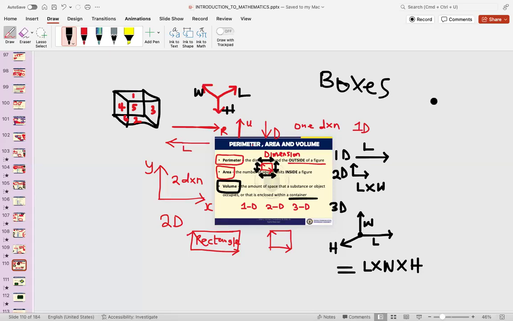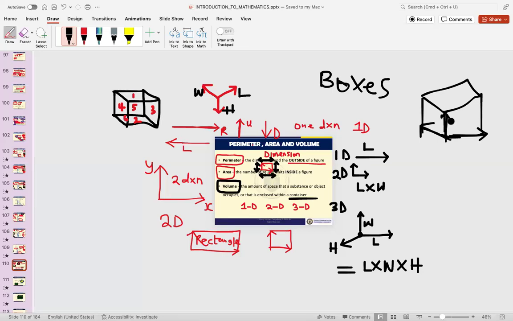So if you like, just take a box that contains any item. If you look at the box, the way the box has been constructed, you see that it follows a 3D design. You have the length, you have the breadth, you have the width. So you see this direction, you see this direction, you see this direction.